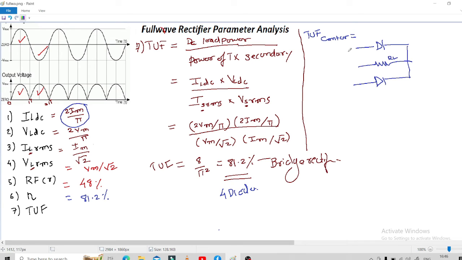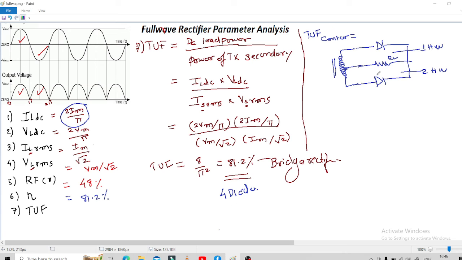Okay, with respect to this. So if you see, this is the secondary diagram of this, which is connected over here. So here you have one half wave rectifier, here you have a second half wave rectifier. So there are two half wave rectifiers over here. So the TUF for a full wave center tap rectifier is different over here. Therefore here we have to calculate it separately for the primary and for the secondary.